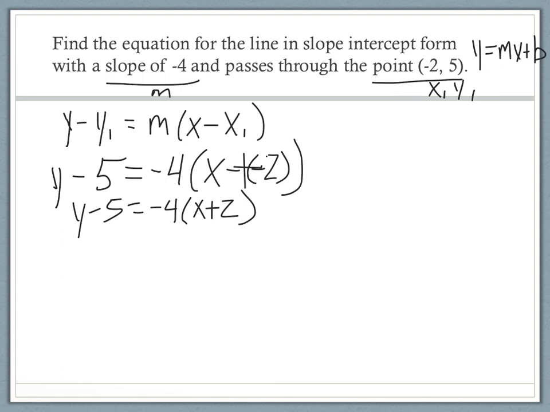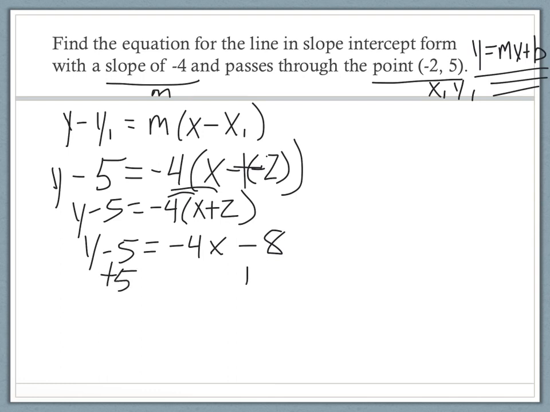Now what I'm going to do is I'm going to go ahead and distribute this -4 to both of these. So I have y minus 5 equals -4x. Okay, and then -4 times 2 is -8. All right, I just distributed. Now I'm going to get y by itself because all I want up here is y equals mx plus b. So y by itself. So I'm going to add 5 to both sides.